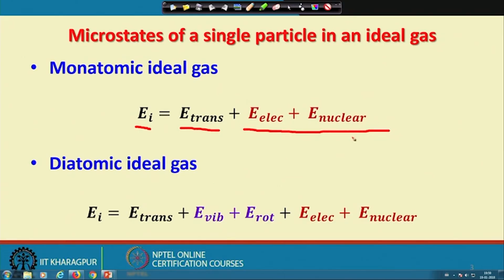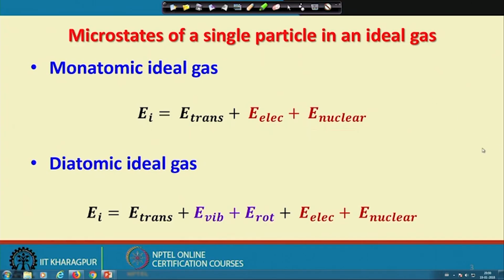And in the case of diatomic ideal gas, we have also shown that this separation is also possible into the translational motion of the overall molecule as well as the underlying microscopic structure of the molecule that we have at hand.